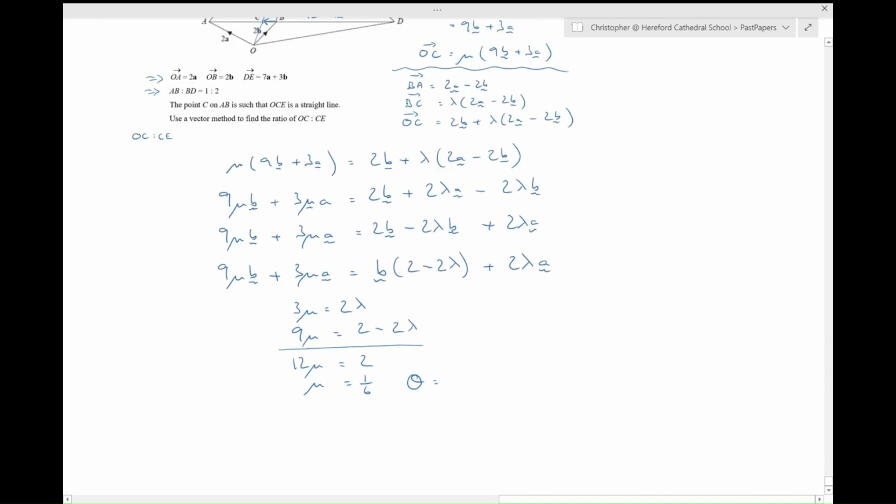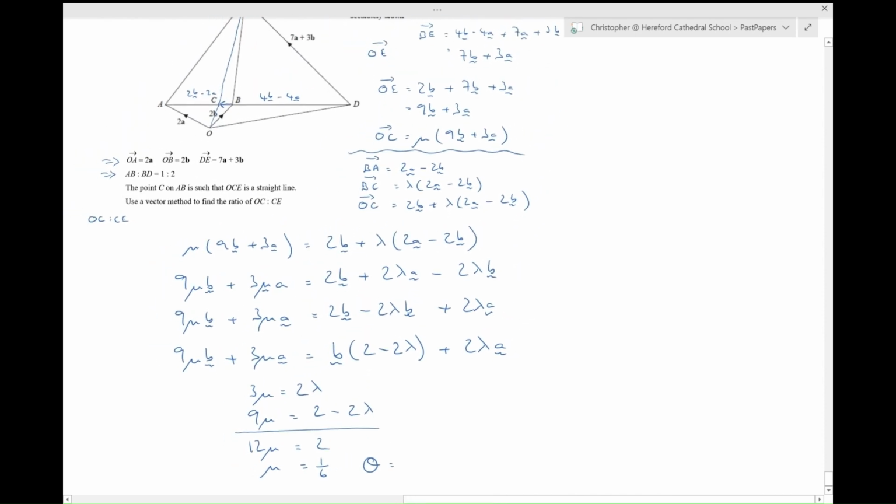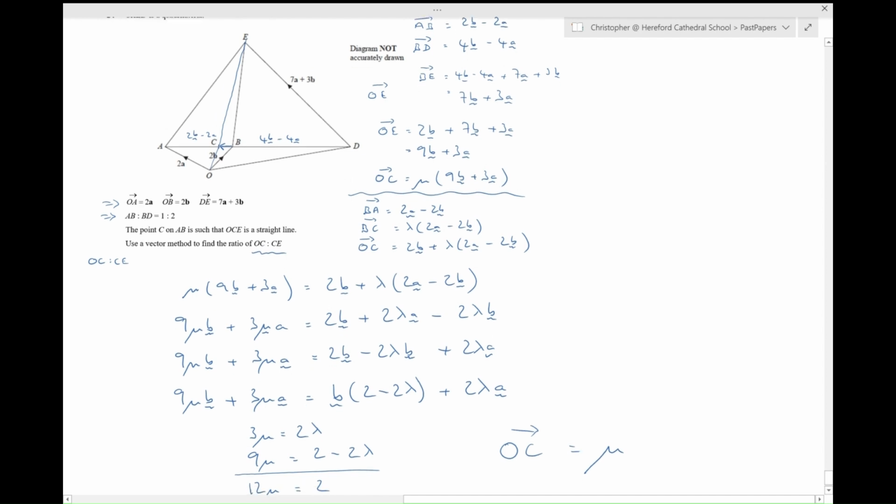Now I could go ahead and work out lambda by using one of the other equations, but in this case, all I need is mu, because the question is asking me to use the vector to find the ratio of OC to CE. And I assumed at the beginning that OC is going to be mu times OE.